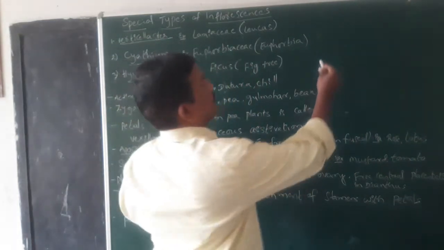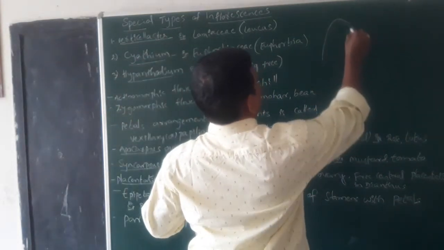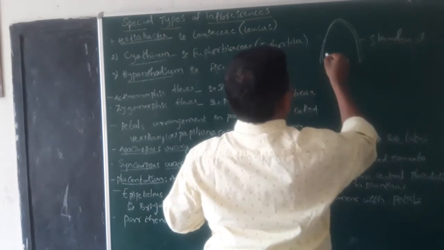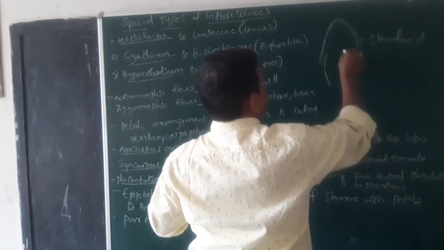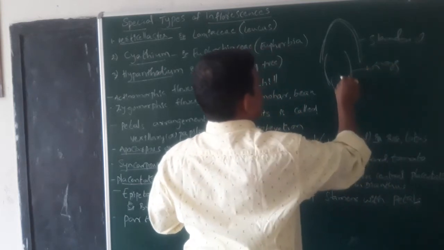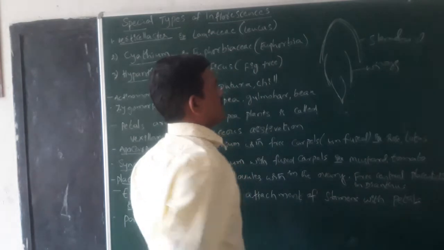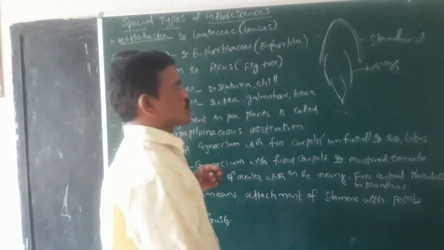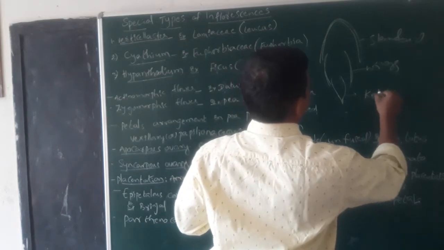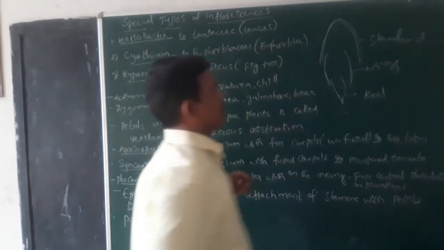there are 5 petals. One is a larger one called the standard petal, and 2 middle-sized petals called wings. These 2 wings cover the 2 smallest petals called the keel.